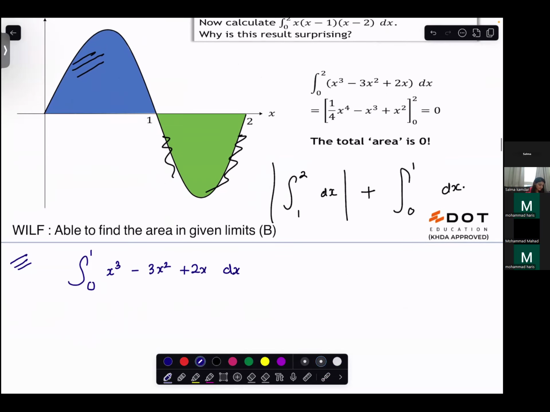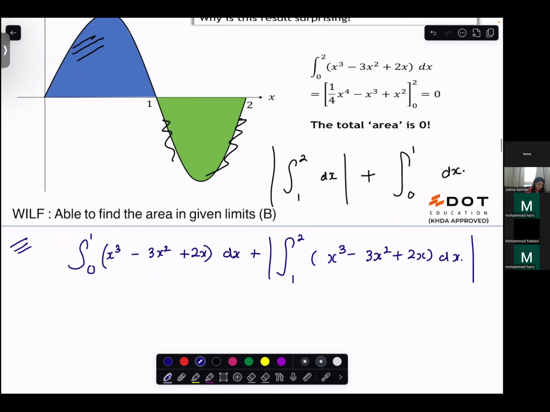Are you with me? Plus, I am going to take the modulus of integrating between 2 and 1 my same function, x cubed minus 3x squared plus 2x dx. Are you with me?